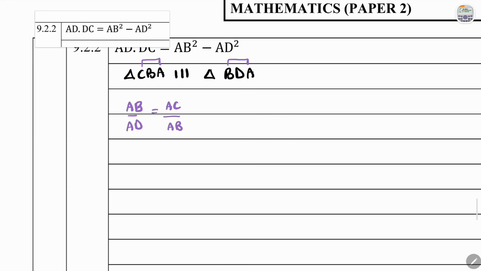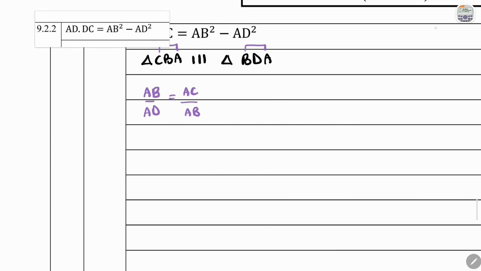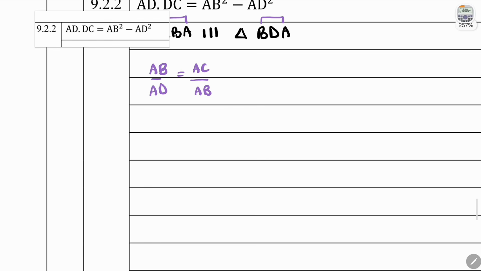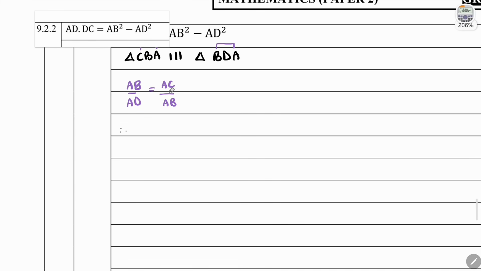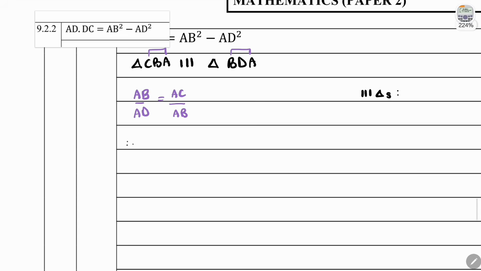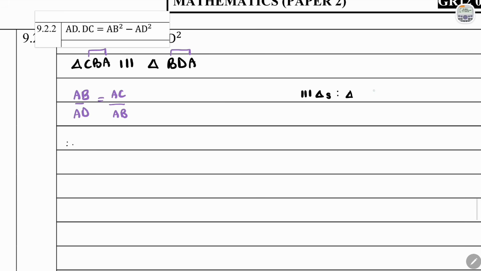Let's see where this goes and see whether we can actually reach this or not. When we cross multiply, and of course when using these proportions, we'll state that this is because we had similar triangles. You can just state the triangles that were similar. That was triangle CBA similar to triangle BDA.